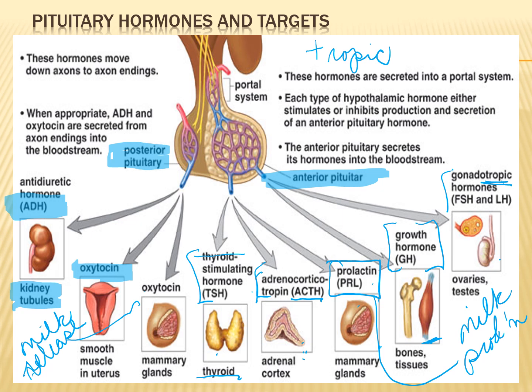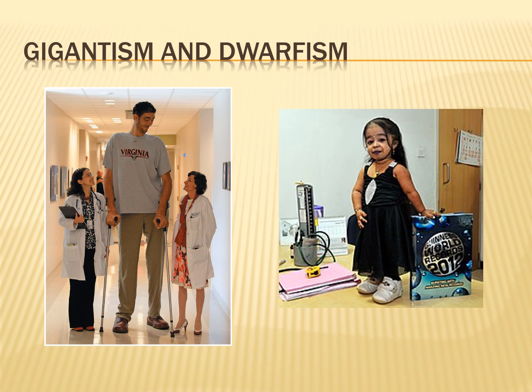If you have too much growth hormone, that can lead to gigantism, as illustrated here. And too little growth hormone can lead to pituitary dwarfism.